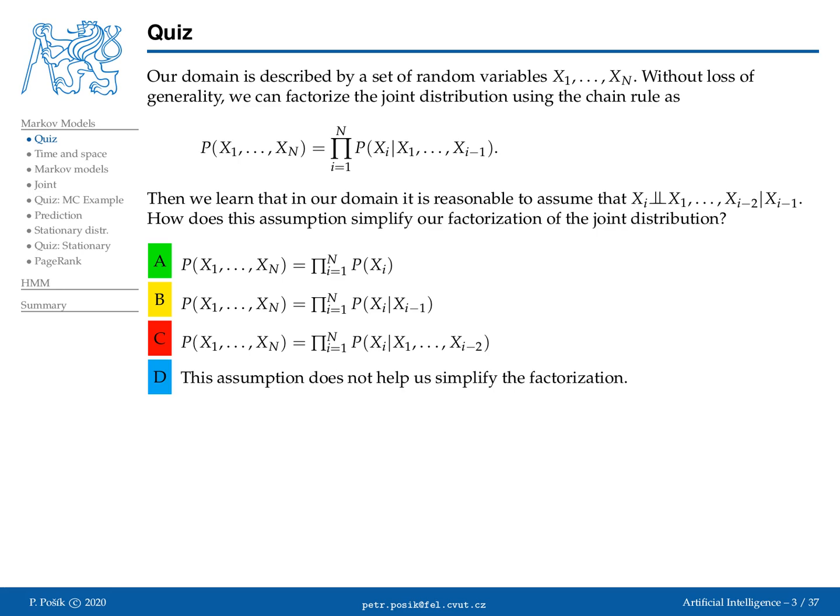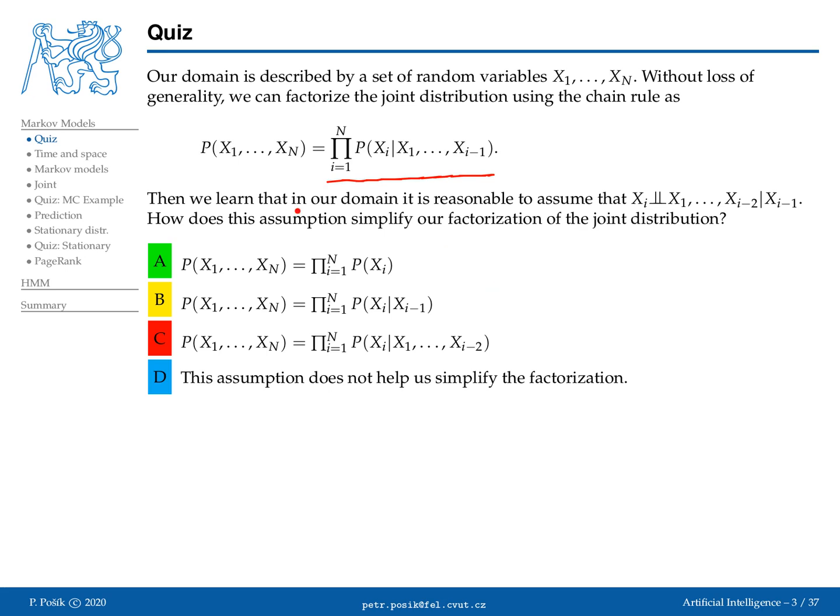last week, not yesterday. So assume that we have a set of random variables from x1 to xn, and their joint probability distribution can be, without loss of generality, factorized as the product of these factors.